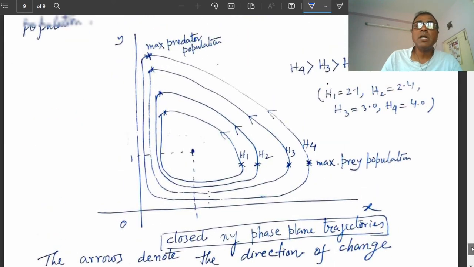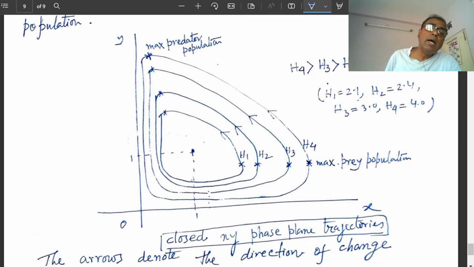So these are the phase trajectories. The vertical is the y-axis, and horizontal is the x-axis. The horizontal x-axis is the prey density, non-dimensional densities, and vertical is y, predator densities. And we get this particularly when h1 equals 2.1, where c0 is determined by the initial condition.